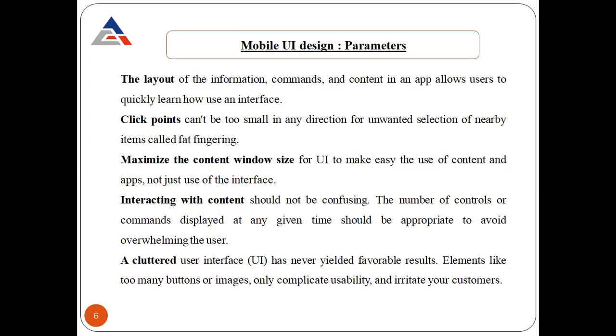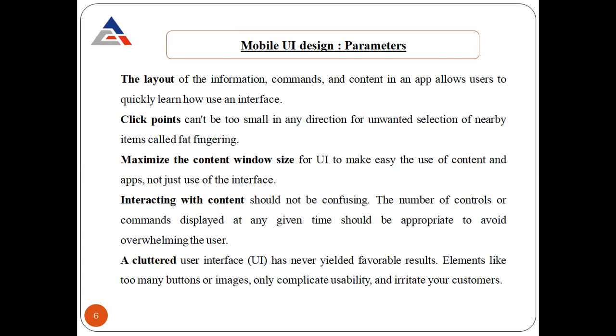Next is interacting with the content. Interacting with the content should not be confusing. Whatever content is written in the application should have a particular meaning. It should not be redundant. The number of controls or symbols displayed at any given point in time should be appropriate to avoid overwhelming the user.